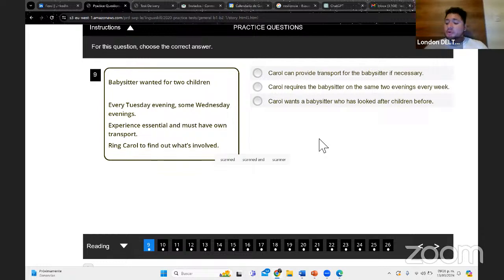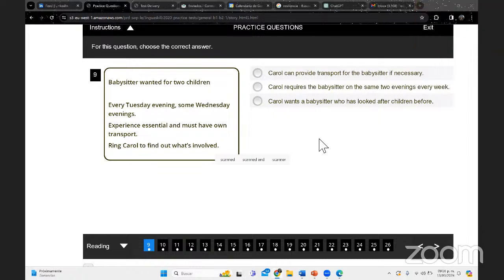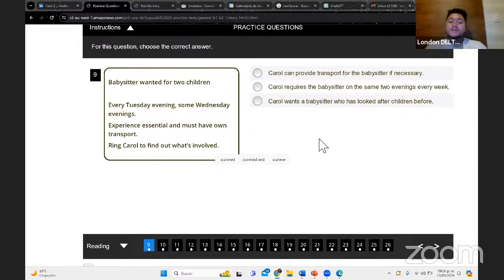Do you remember what scanning is? It's to find a word. To find key words. Exactly. So just to get the specific information.